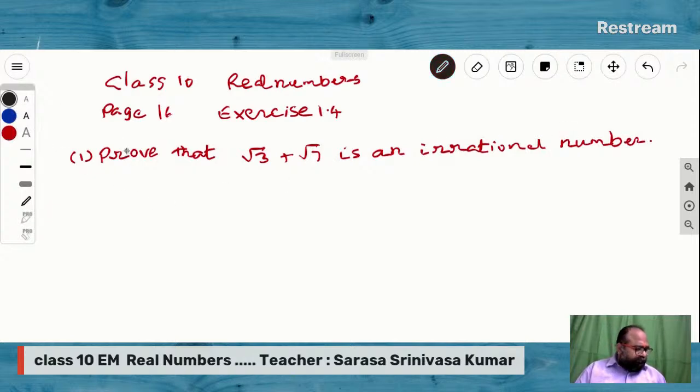To prove this result, we follow the contradiction method.